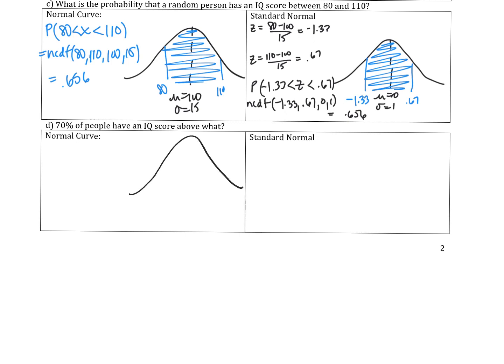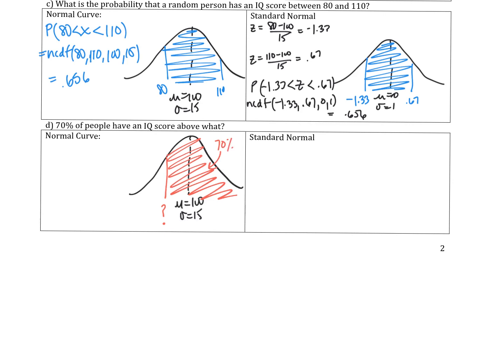Oops, these are getting really bad. Got a mean of 100, a standard deviation of 15. 70% of people have an IQ score above what? So that means 70% above. I don't know what this value is, but I know 70% are above that score.